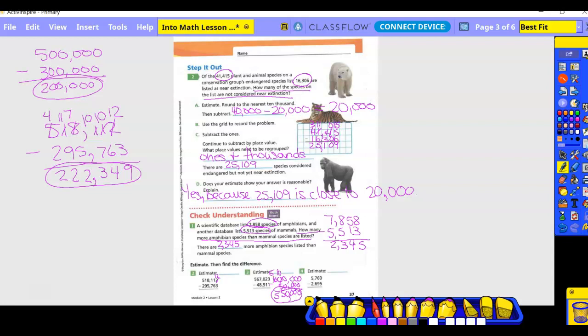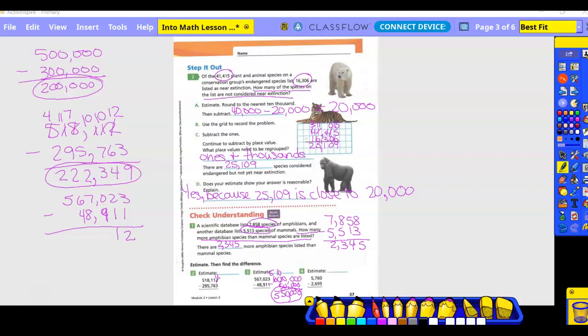Okay, let's do the actual. So you work it on your paper. I'm working over here to the side. And that should be a 9. 3 minus 1. Can I do that? Yeah. Yep. 2. 2 minus 1. 1.